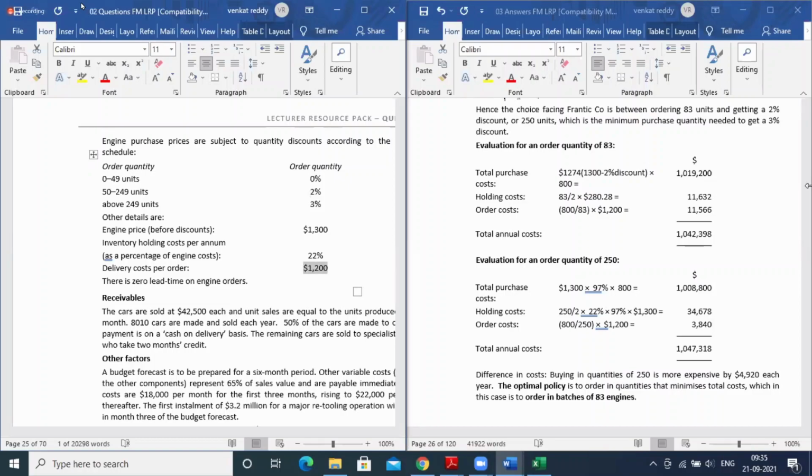So let me know if you have any query on this total inventory cost calculation. Any question?